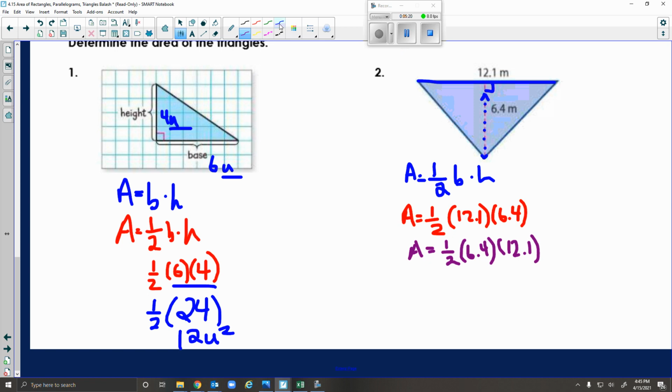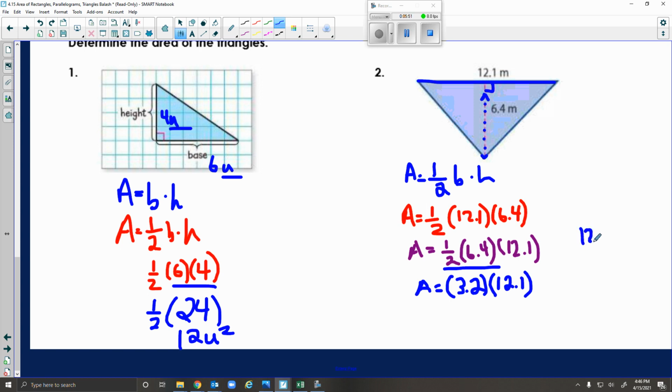So if I go through my order of operations, however, I can do a half of 6.4, and that's going to give me 3.2. I like that because it ends in that even digit there, so I know it's going to split up pretty nicely. And then it makes it easier math for me to do later. So I look for those even numbers to split up to try to make my math computation a little easier. It's less room for error if there's easier computations.